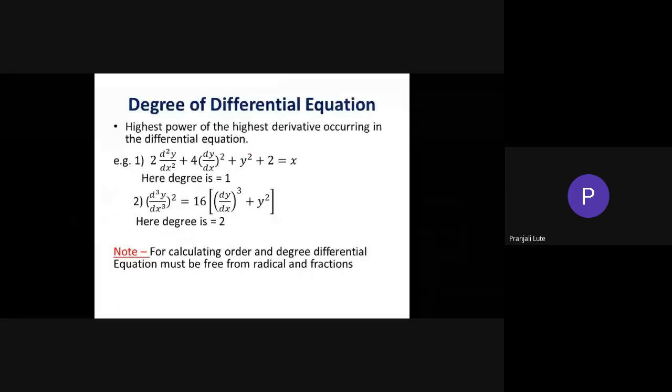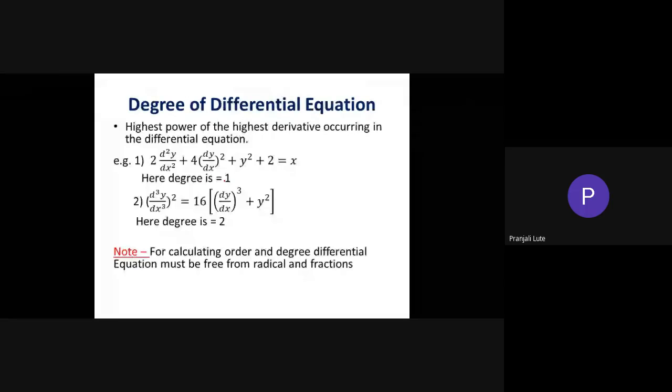In this differential equation, what is the highest derivative? D square y by dx square is the highest derivative, and the power of that highest derivative is called the degree. So what is the power of that highest derivative? The power of this highest derivative is 1. So that's why we call the degree of that differential equation 1.